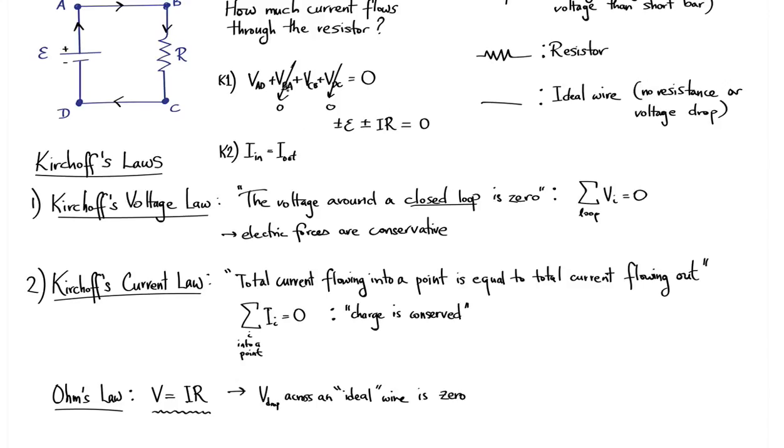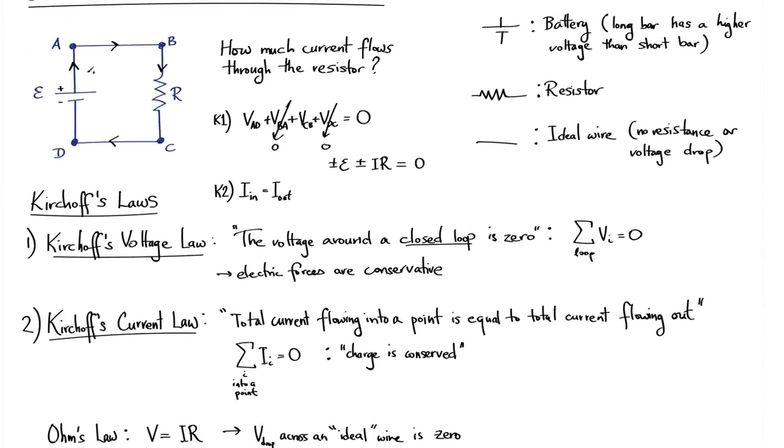So let's first talk about going from D to A. Okay, so if we're going from D to A, we're basically going from a lower potential part of the battery to a higher potential part of the battery, right? So we're going from lower voltage to higher voltage, because this is basically how the symbol for the battery is defined, that the higher potential part is this longer bar.